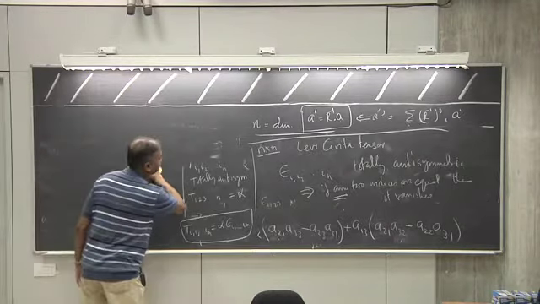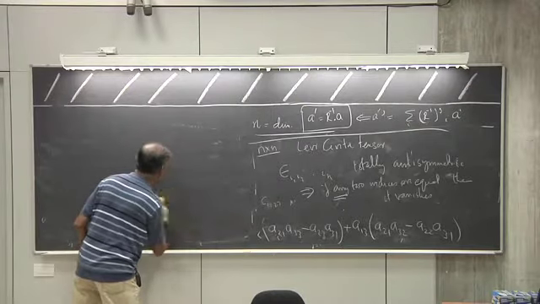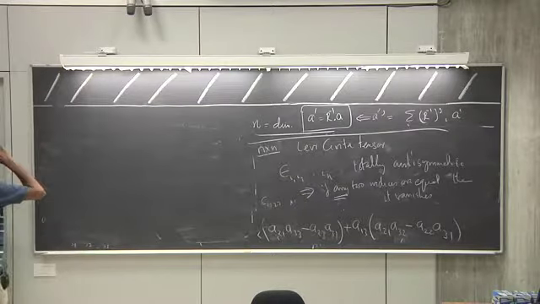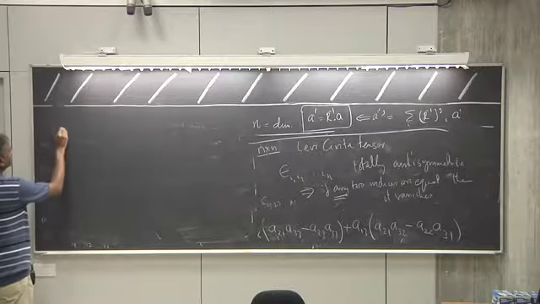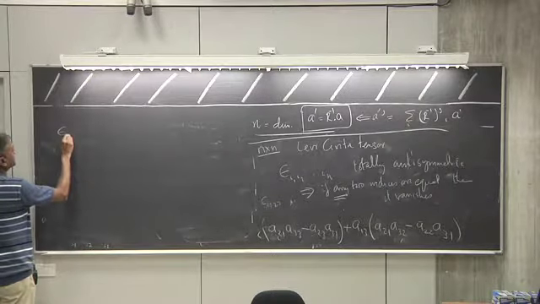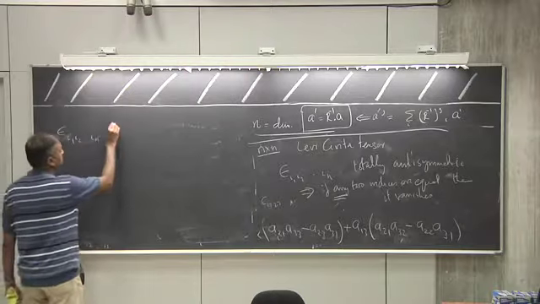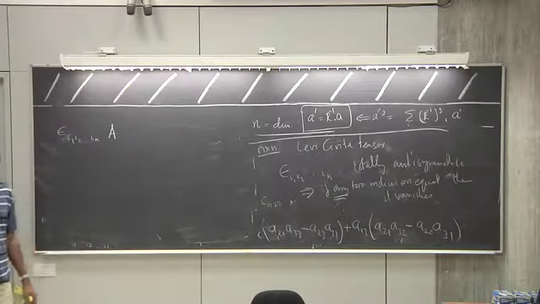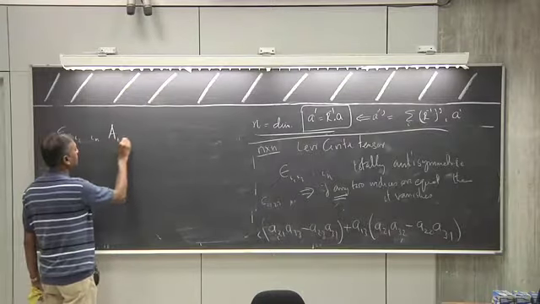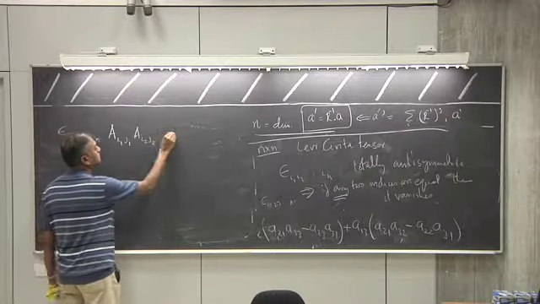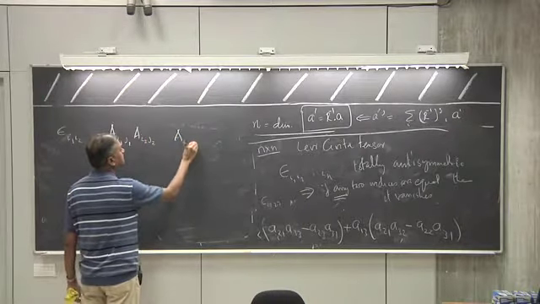Okay. So we define the determinant. So first of all, let's consider this object, epsilon I1, I2 up to In, times, so there's a square matrix A, I write it as A I1 J1, A I2 J2, up to A In Jn.